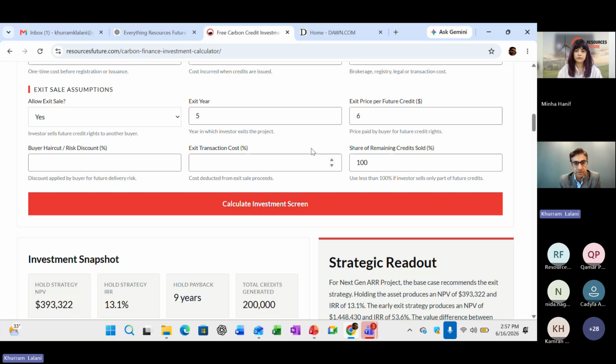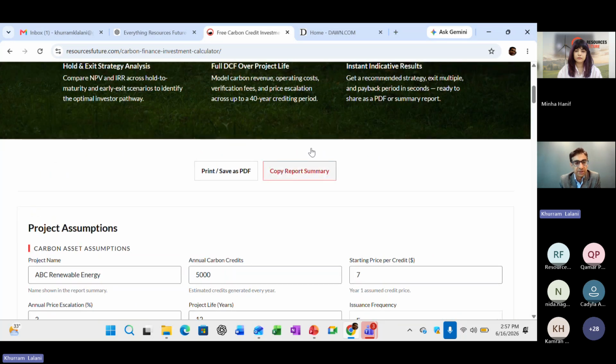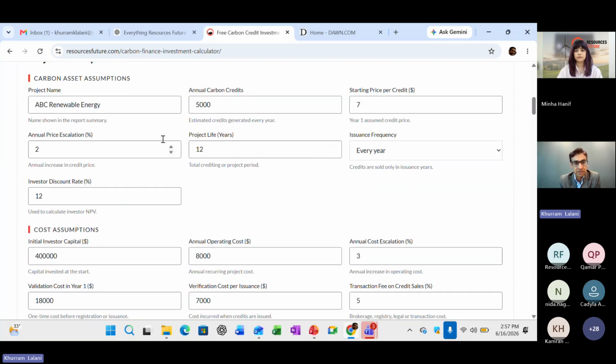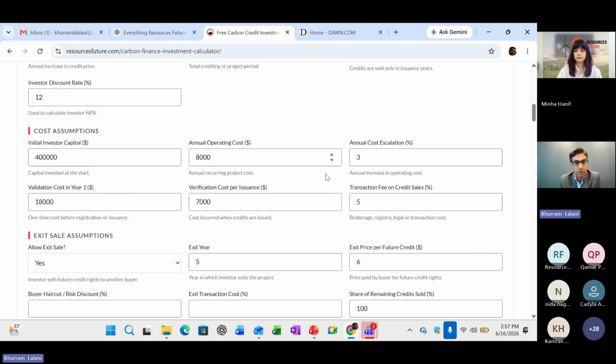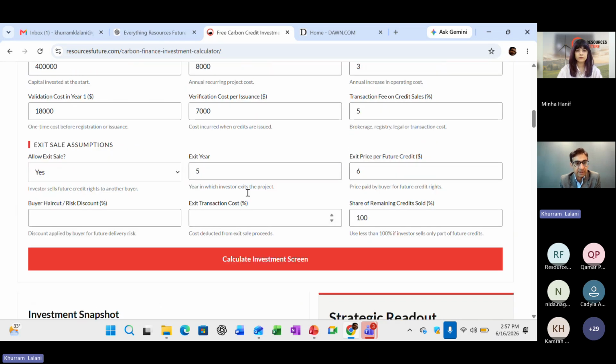Now, if I have inputted all these assumptions, my revenue assumptions, my cost assumptions, and my exit sale assumptions, either I can hold my inventory and sell it as I move along, or I can take an early exit and sell all my inventory at once.